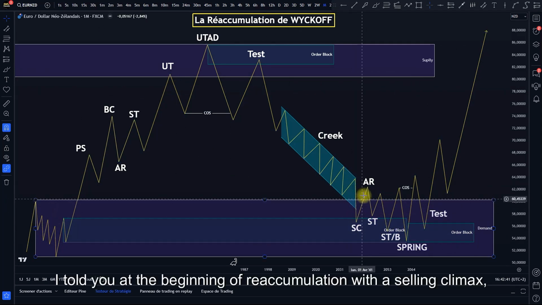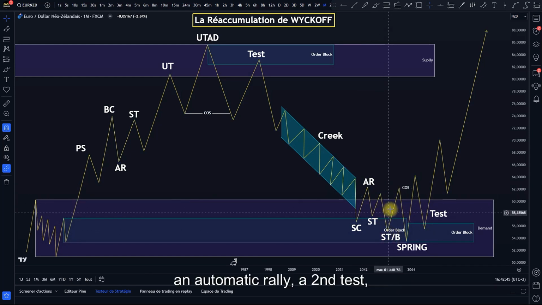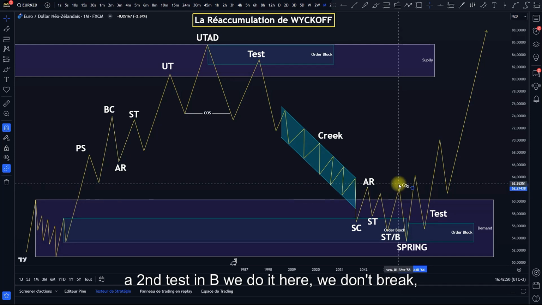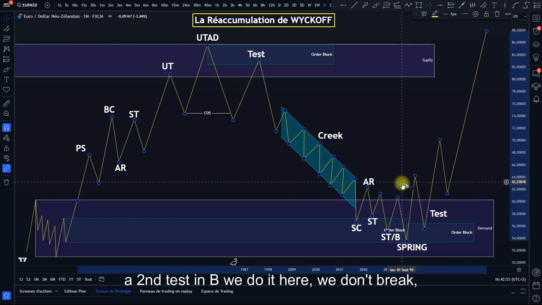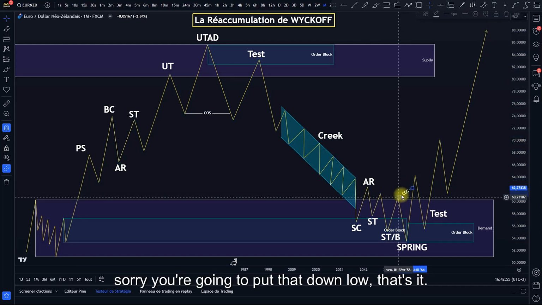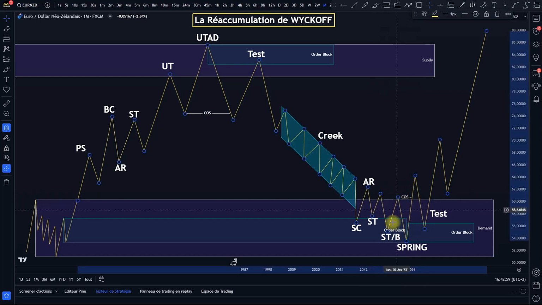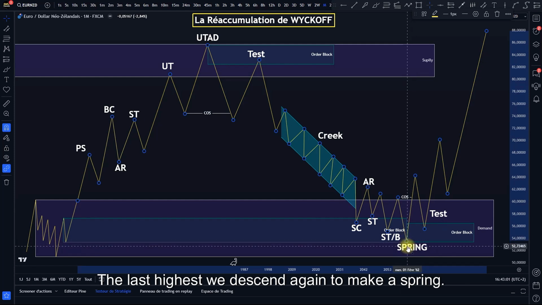I told you, the beginning of reaccumulation with a selling climax, an automatic rally, a second test, a second test in B. We do it here. We don't break. Sorry, you're going to put that down low. That's it. And here we don't break the last high, we descend again to make a spring.